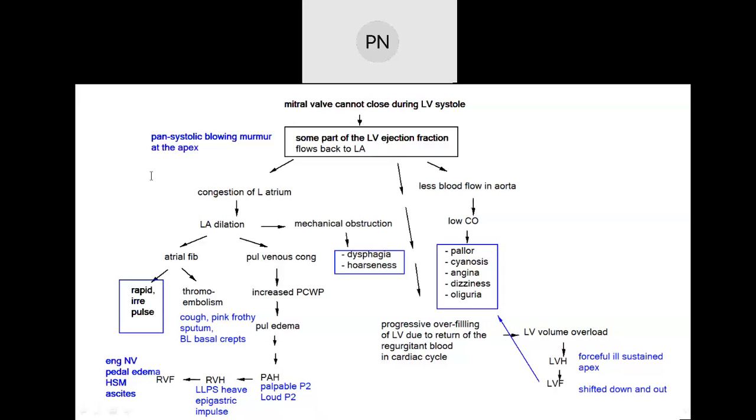And this typically happens at the apex. So is this clear to everyone? Can we change this slide and now go to the case sheet to solve the case?